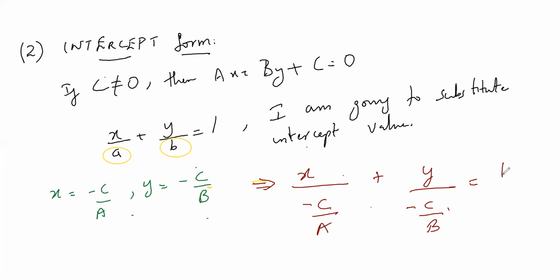So from this, what are my yellow circled ones? Small a and small b. a is equal to minus c by a and my b is equal to minus c by b. Fine. So this is my intercept form generally. And the last one is my normal form.